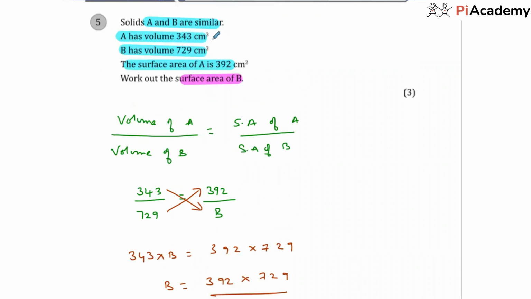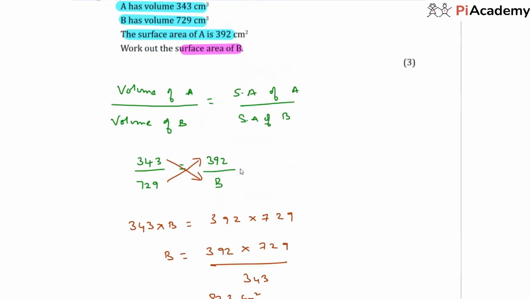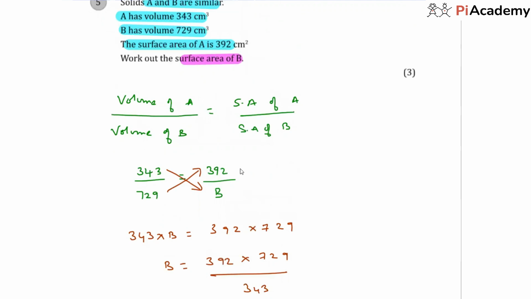Solids A and B are similar. How did others do? I did the same way, where you find the length scale factor and then square that. Can you explain again so the others understand? Go ahead, Mohammed. You divide 729 by 343 to find the volume scale factor. Then you cube root the volume scale factor. What is 729 divided by 343? 2.125.